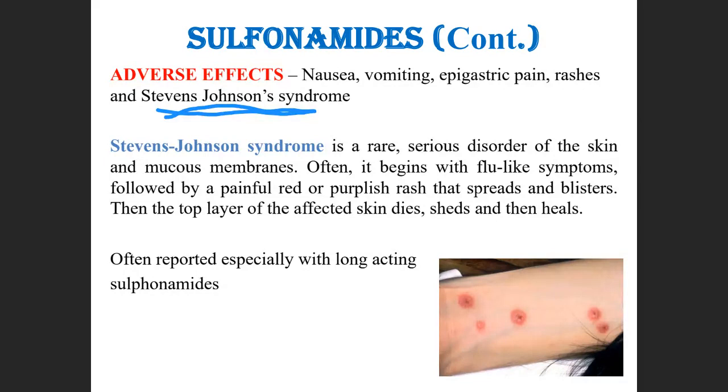Stevens-Johnson syndrome is a rare, serious disorder of the skin and the mucous membrane. It begins with flu symptoms followed by painful red or purplish rashes that spread and blister, and then the top layer of skin is affected, dies, sheds, and heals.